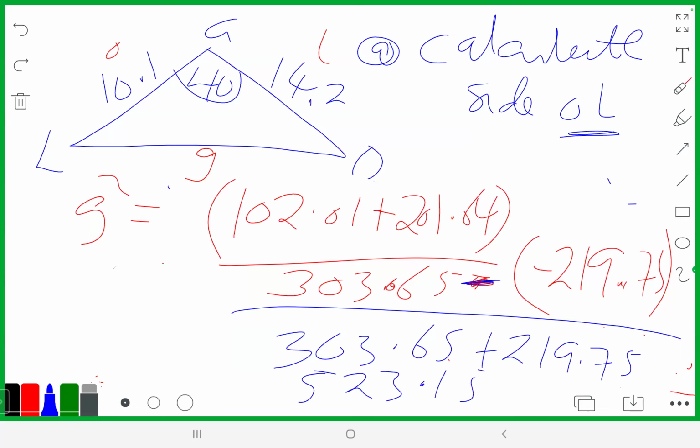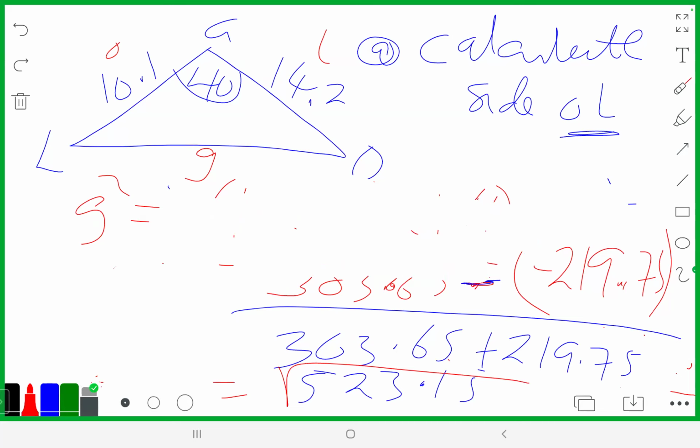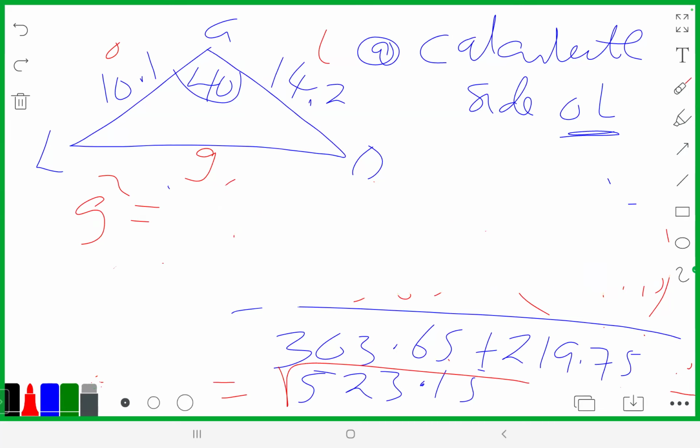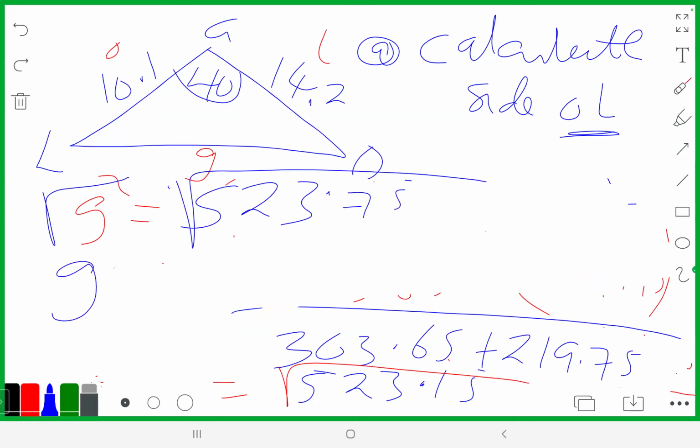523.15, yes. Then you can now find the square root of that answer, so that you can find G. Square root both sides, so that G is equal to the square root of that.